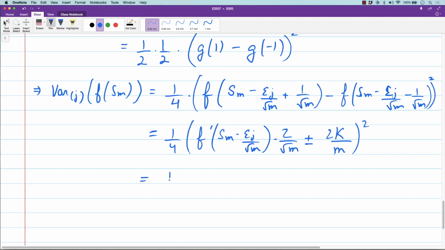So this is 1 by 4 f prime of Sm square, plus some constant k prime by m square, plus or minus some other constant k prime prime. This is just by taking the second part here.